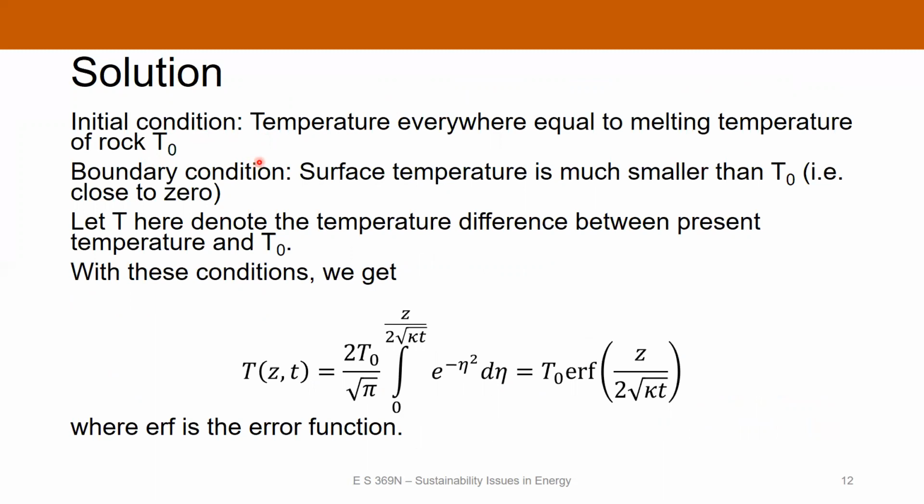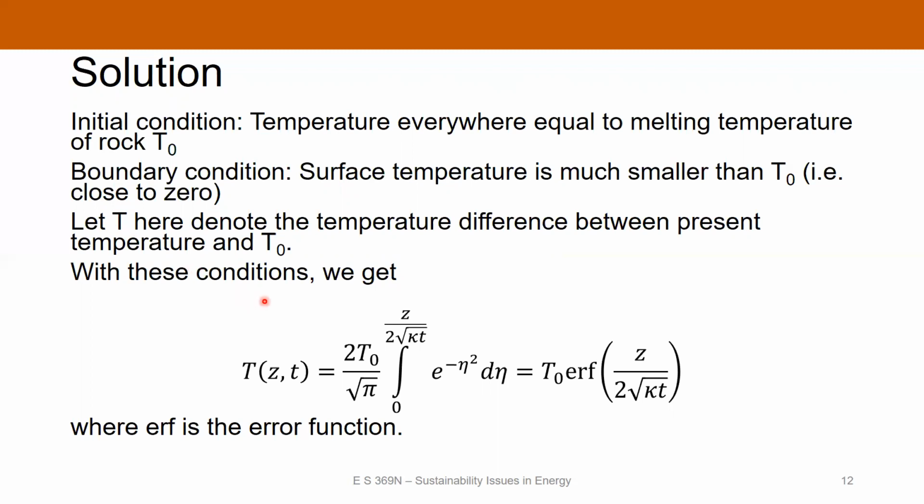The boundary condition we have is that the surface temperature of the Earth is going to be much smaller than T0, so small, in fact, that we're going to assume that the surface temperature is 0. So let's let capital T here actually be the difference in temperature between the present day temperature and the initial temperature.